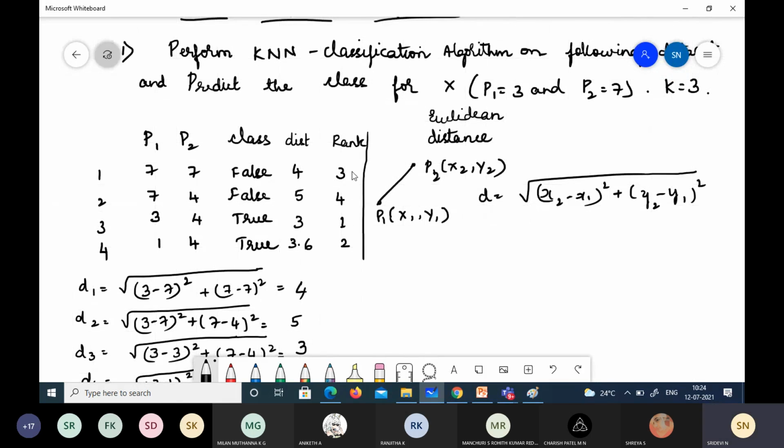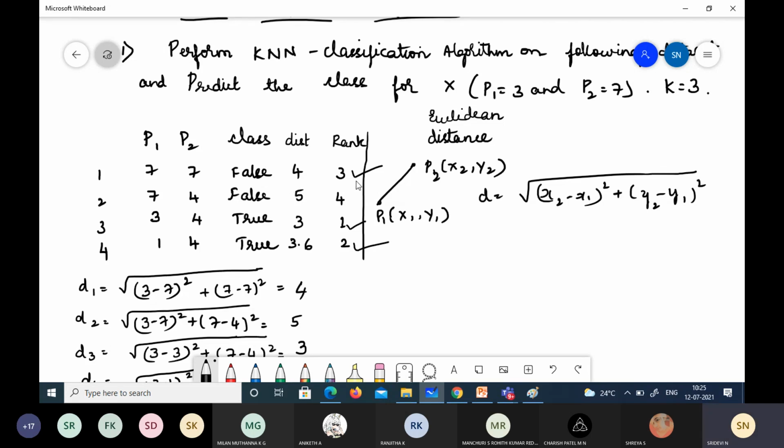So we have to consider the minimum distance of any 3 neighbors, like the 3 distances of 3 records. So when we check that, rank 1, 2 and 3 I'll consider. These are classified based on the distance, isn't it? So minimum distance, first minimum distance, second minimum distance, third and fourth. So I've chosen 3 because K is given as 3.